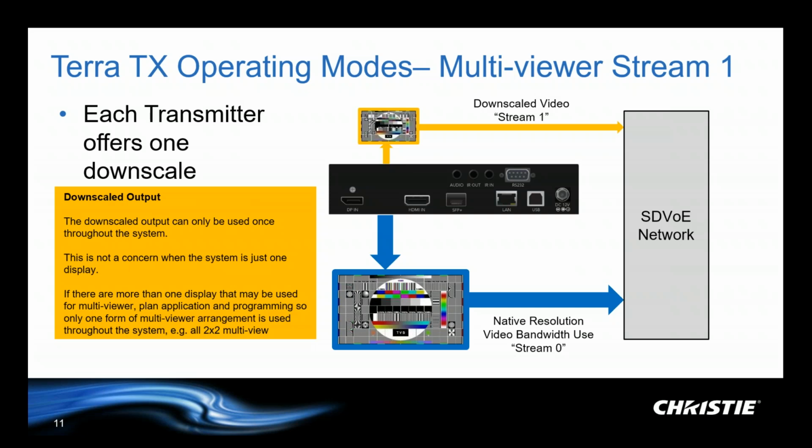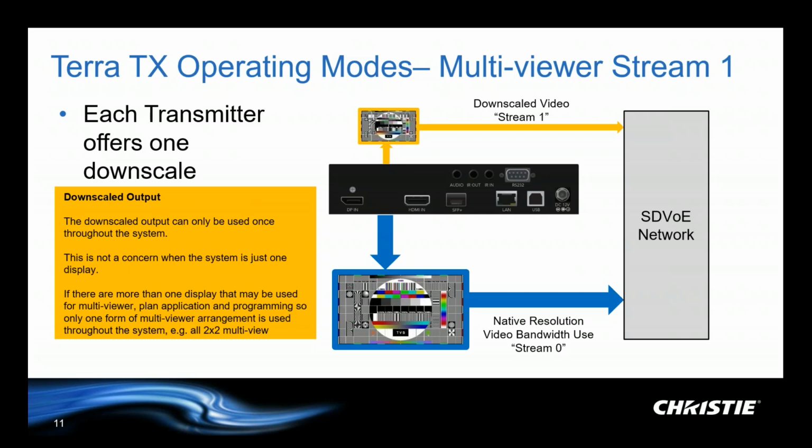So stream 0 will always be the native resolution of the DisplayPort or the HDMI input. If you input HD into DisplayPort or HDMI, then stream 0 is going to be HD, 1920 by 1080 at 60 or whatever frame rate it is. If you input 4K, then stream 0 is going to be 4K at 30 or 60 or whatever frame rate you want to use.